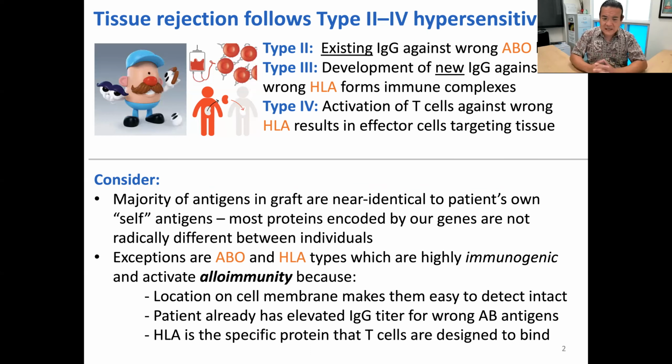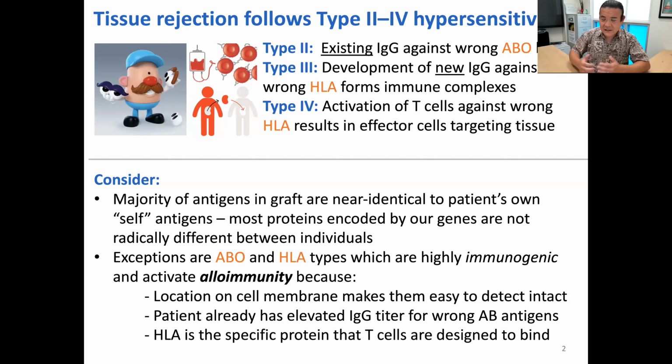Because most of the proteins that are encoded for by our genes are not highly polymorphic. Right? If evolution got us to this point after hundreds of years of evolving into human beings, and our human versions of genes that code for different proteins are the ones that have been finely tuned and worked out, then you would imagine that, for example, the keratin that makes your skin or your hair is not going to be really all that different than the keratin gene that makes my skin or my hair, right?